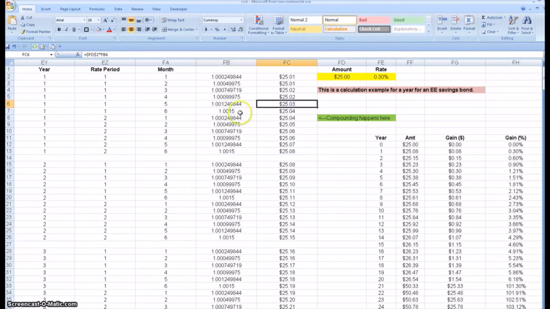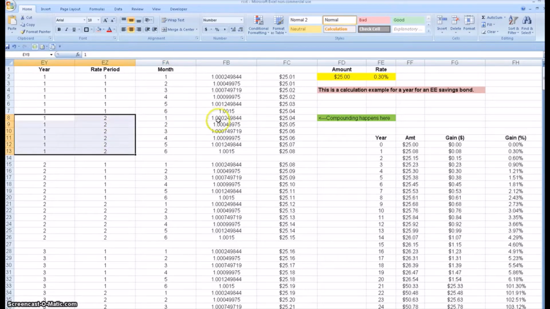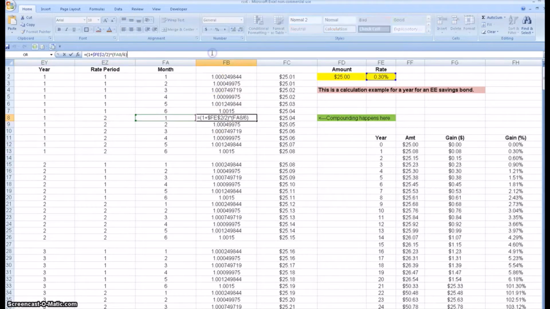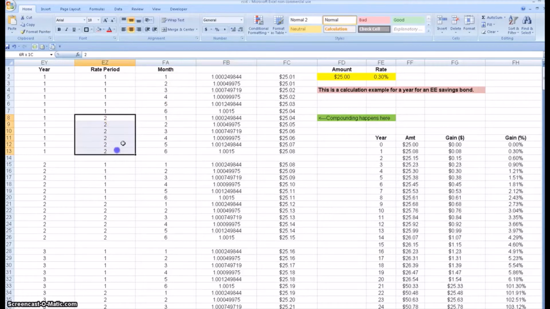But what happens when you get to the 7th month, the start of the second rate period? You calculate the factor the same way, but since you started a new rate period, the count of the months starts over. If you went the same way, you'd think, I take 25 and multiply it by this factor, but then you would get this $25.01 again, so it's not the right calculation.